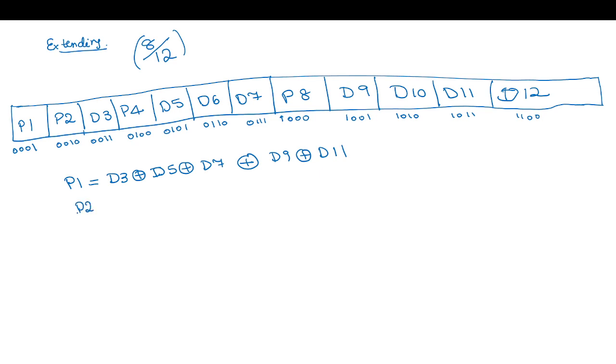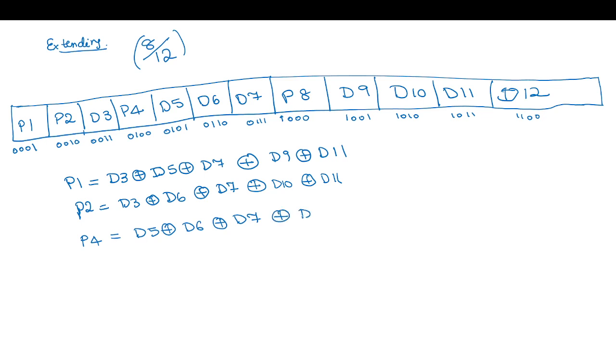The next is P2. When P2 will be 1? When it is 1 at the 2's place position. So D3, D6, D7, D10 and D11. Similarly for P4, D5, D6, D7 and D12.